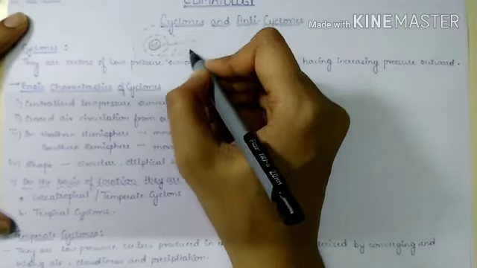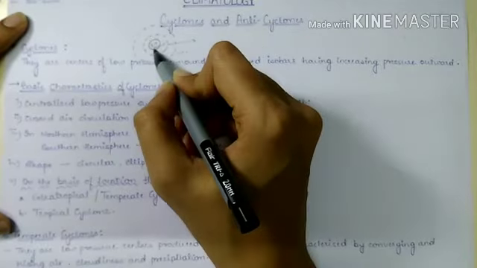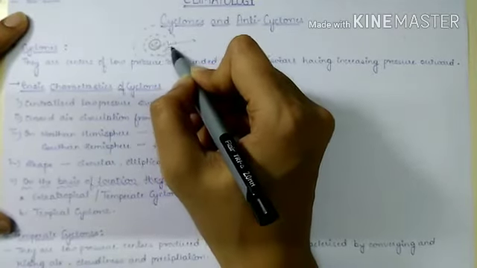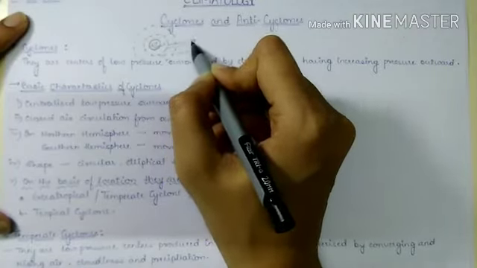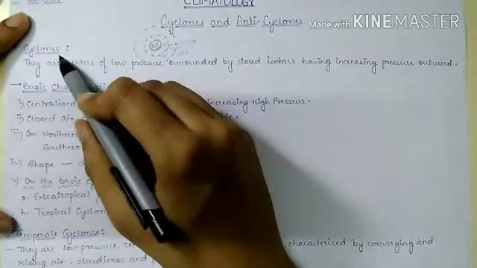Then it will keep on increasing like this. So we have centralized low pressure and increasingly high pressure as we move outward. So this is the condition of cyclones.